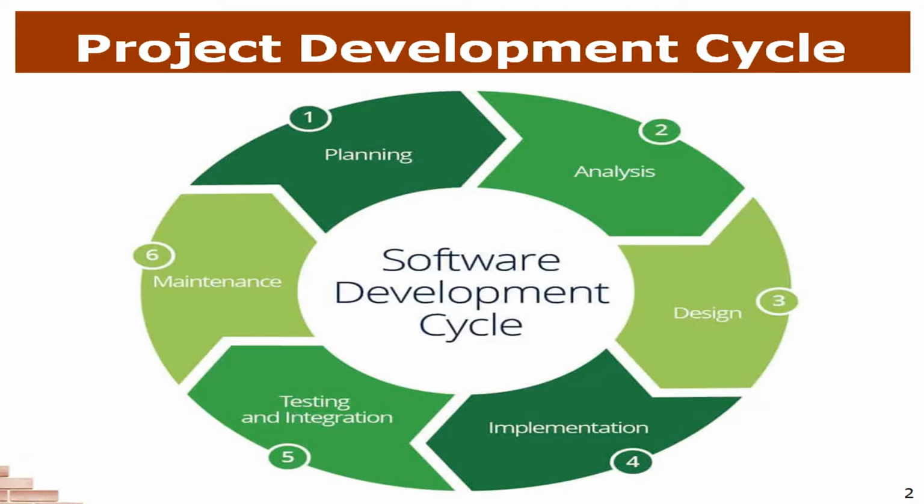Here you design. For this class 12th level, there are 2 types of designs. Number 1, database design. First you design your database: what will be the name of the database, what will be the tables inside it and the columns inside those tables.